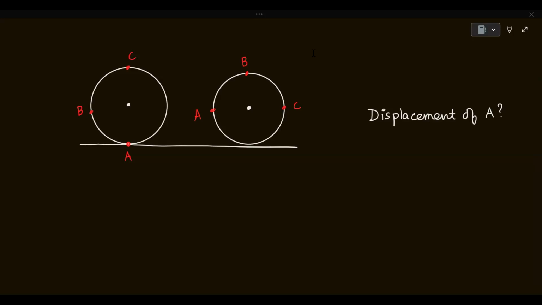So Samruddhi, Arnav, and Rishi have answered. Ritika says half pi r. Any other answers? Nice try, guys. Half pi r. Yes, half pi r. Let's see.